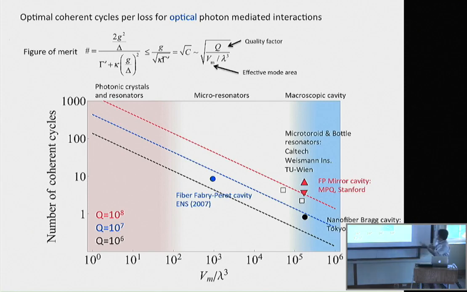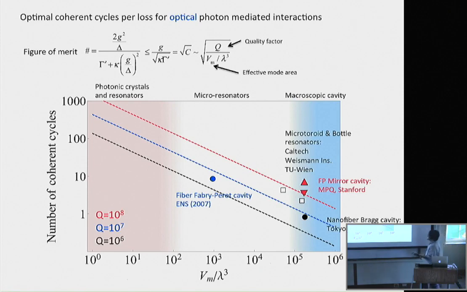That is ultimately limited by the square root of the cooperativity, which is limited by the quality factor versus mode volume, as everyone knows. So I plotted some representative systems around the world, with very impressive demonstrations of fiber Fabry-Perot cavities with cooperativity of more than 100, so you could get a number of coherent cycles of more than 10. And Monika has a cavity with cooperativity 50, which also looks very promising on the plot.